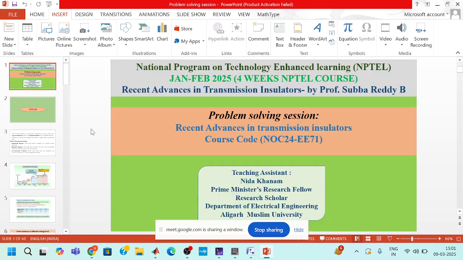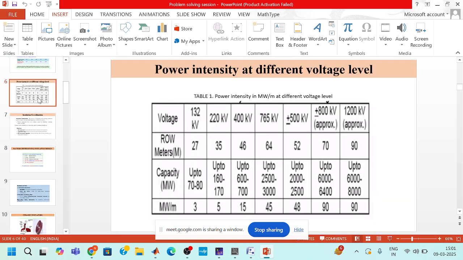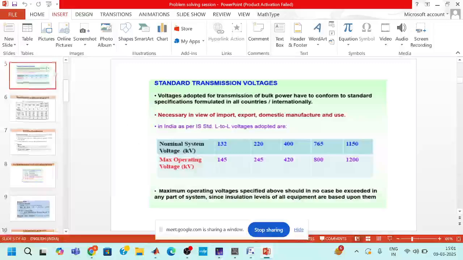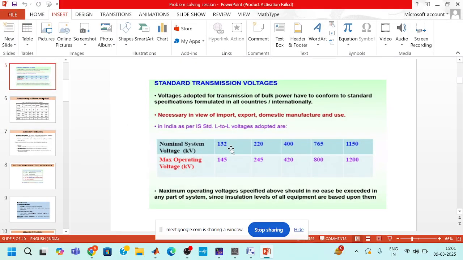So numerical problems are only based on suspension type insulators, in which you will be asked for string efficiency, or from the table which I have shown, like what will be the right of way in meters for voltage ratings, or what would be the capacity. Like, what would be the nominal system voltage for maximum operating voltage 145? This type of question will come, I think.